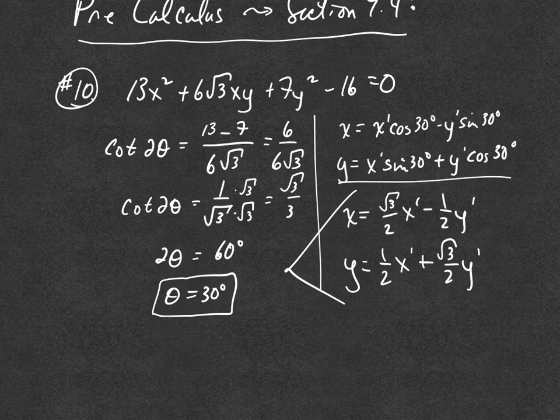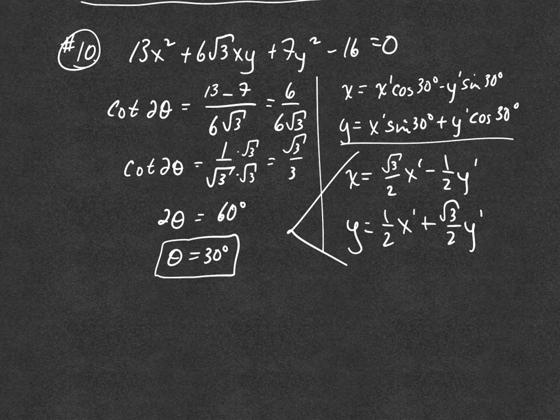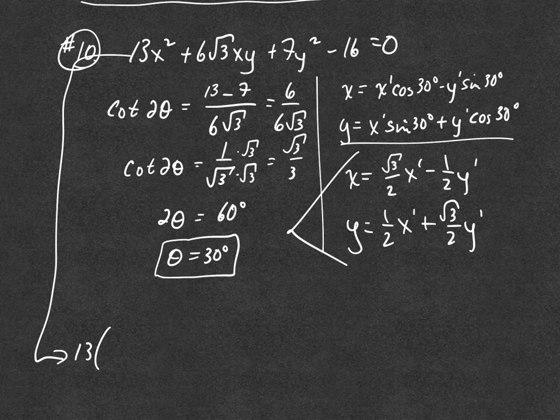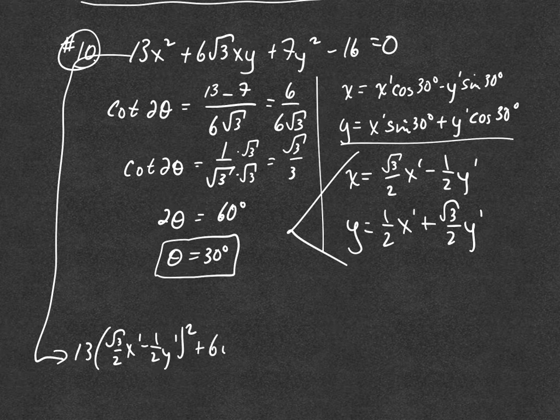So I just have to move the screen up a bit. And again, drop down our original equation. Everywhere we see an x, we're going to replace that with the square root of 3 over 2 x prime minus 1/2 y prime. So there's another x.